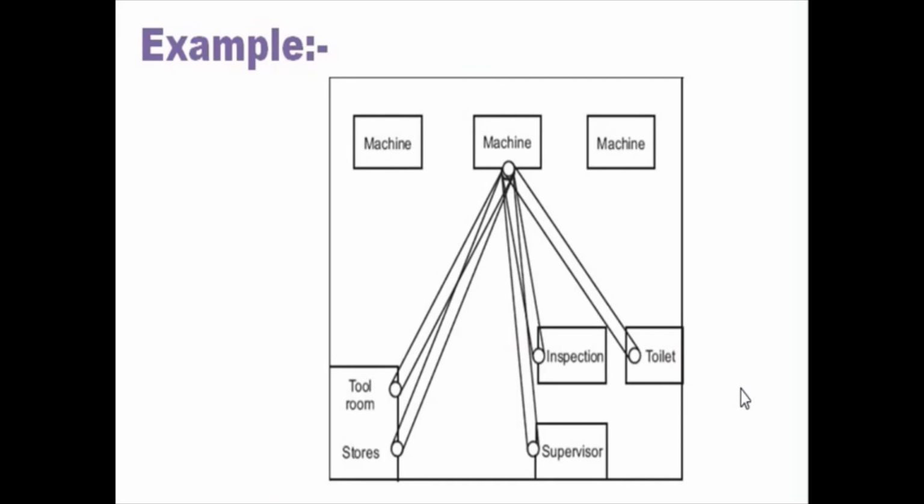So ultimately these different types of charts and diagrams are used to understand and to conduct the method study properly. They describe the method of operation, the process of operation properly, in the shortest possible time, in an easy way, and it can be understood very easily.